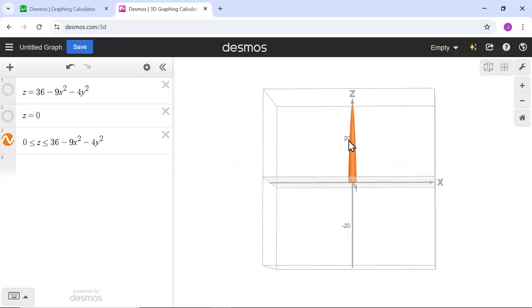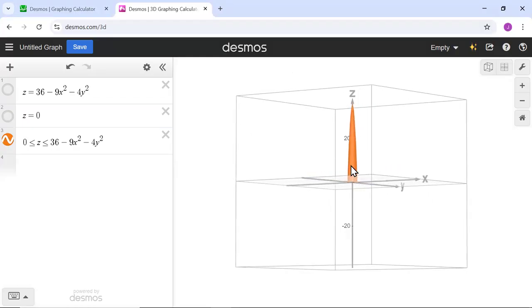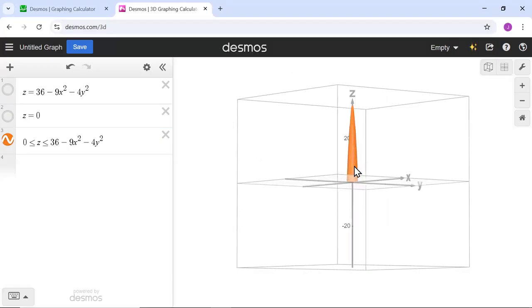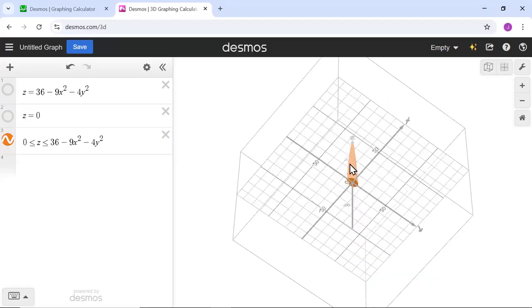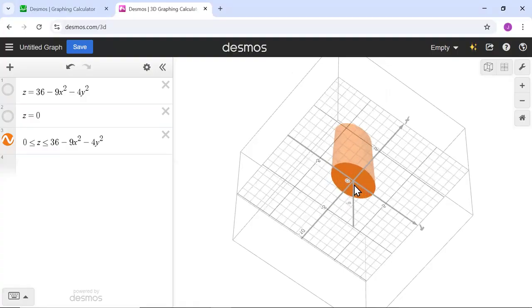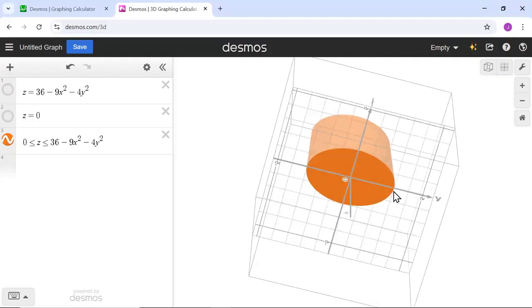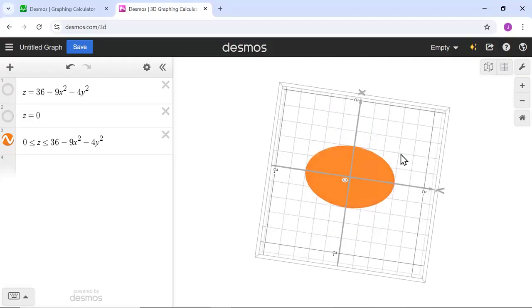Now you'll notice that this domain has the top surface as the paraboloid, but there is another surface here on bottom, which if you zoom in, is just a portion of the XY plane contained inside of an ellipse.